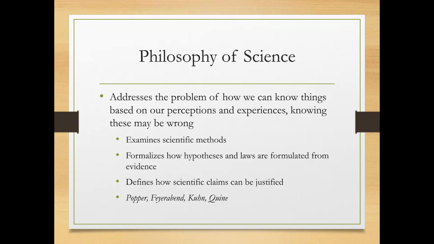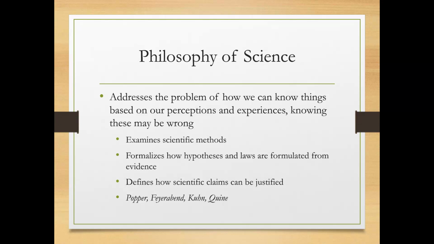All right, but overall, the purpose of the philosophy of science is to develop a system of rules and practices that are most likely, under ideal circumstances, to produce true information that we can learn things about the world.